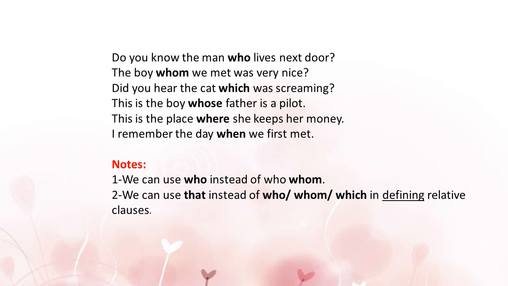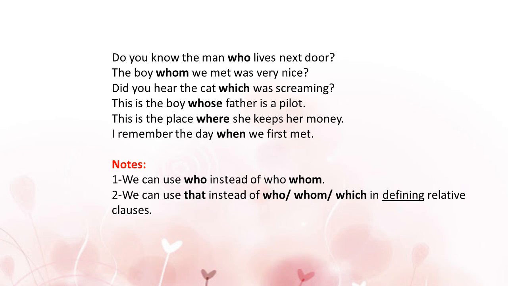Which, it is for an animal or a thing, and in this case for the cat. Whose for possession, something belonging to people or to animals. Whose father, whose daughter, whose car, whose bag. Where is used for place, and when we use it to talk about time.